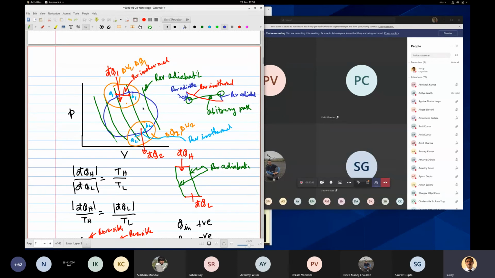So this arbitrary path that we have, we are able to convert into several Carnot cycles. If you add all these Carnot cycles, you get the reversible cyclic process that you have.